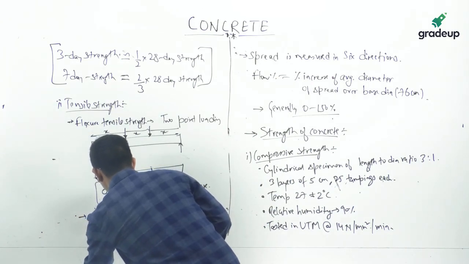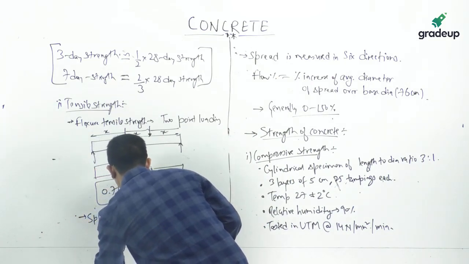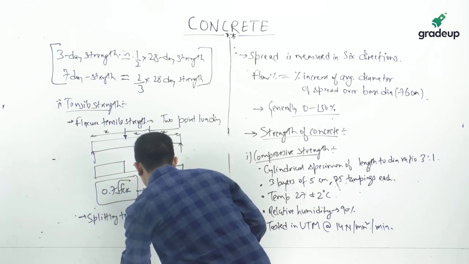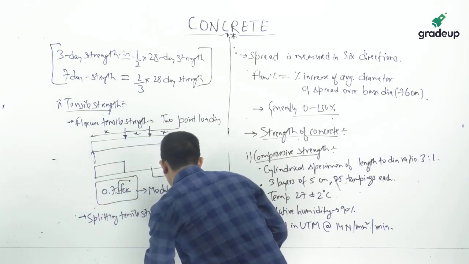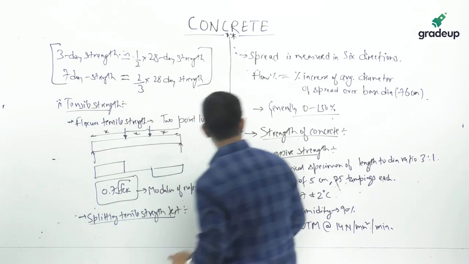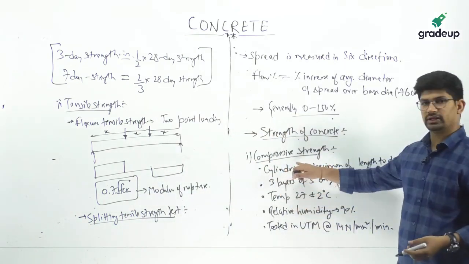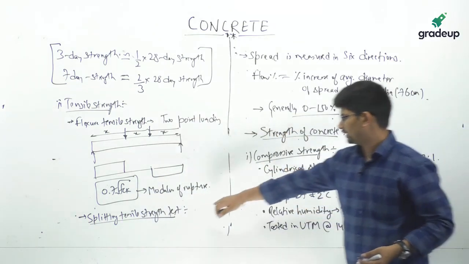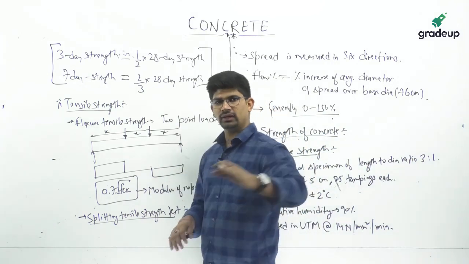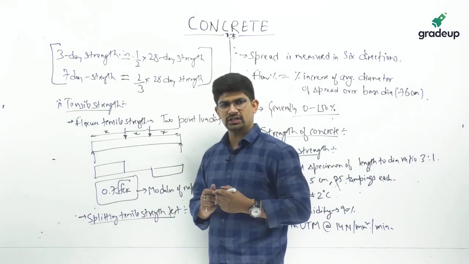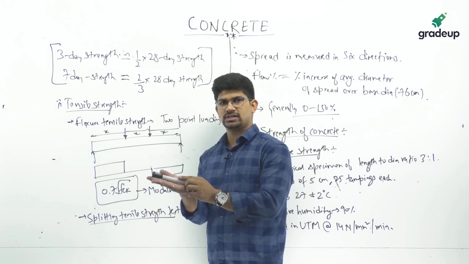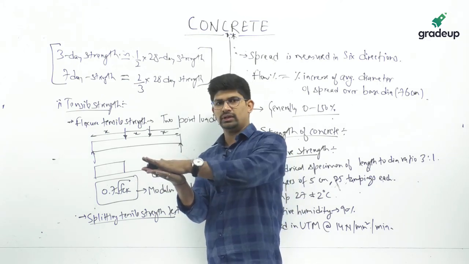Then there is also the splitting tensile strength test. Now the splitting tensile strength test is conducted like the compressive strength test, but in this case, it is loaded along the diameter. Horizontally it is loaded. Okay. If suppose this is the cylinder, you will load like this.